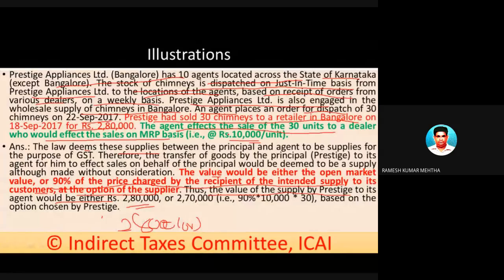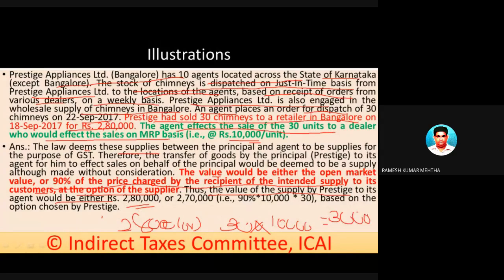Or the agent effects the sale of 30 units to a dealer for 10,000 rupees each, which is 30 units into 10,000, sold by the agent to the dealer, which is 3 lakh rupees.